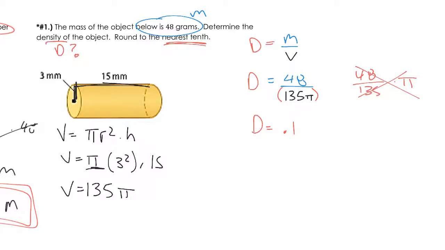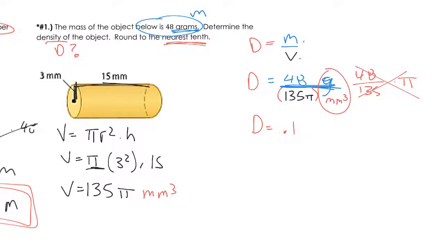Now units for density depends on the question, but I think it's really helpful just to put our units for the mass and the volume, and you'll see it. So it was 48 grams. So I'm putting that with my mass. That's a G for grams. This was millimeters cubed for volume.